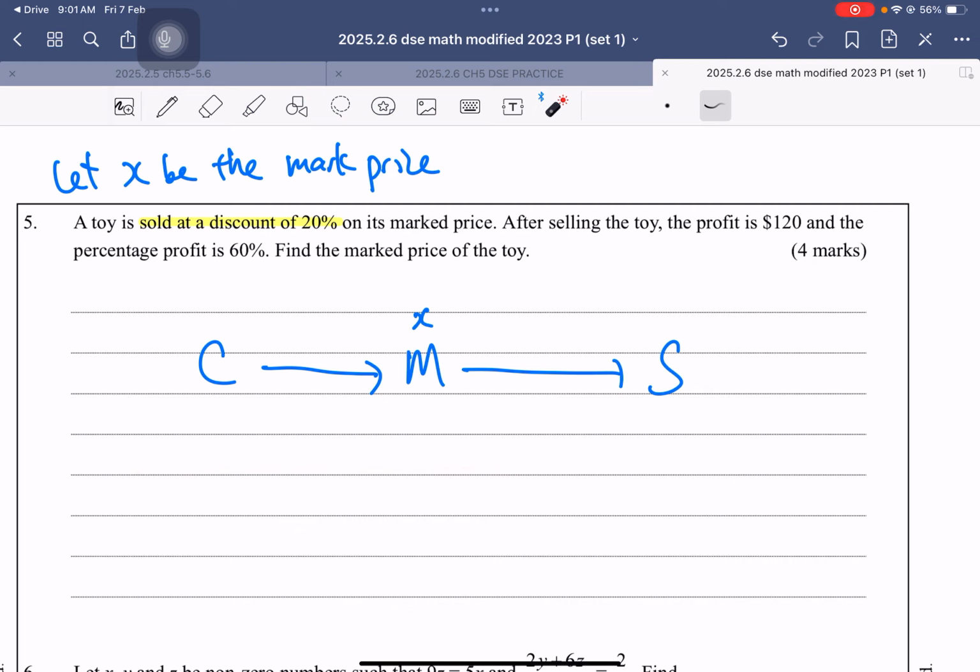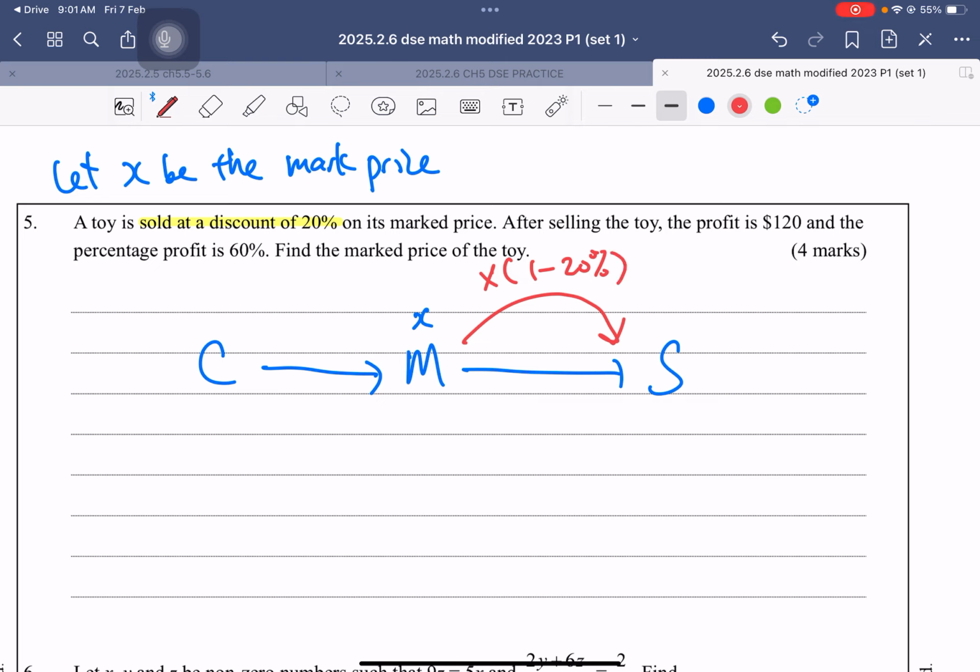M and S is the discount. So I'll draw an arrow between M and S. Discount means plus or minus. When you see the percentage, it's times something. So times 1 minus 20%.